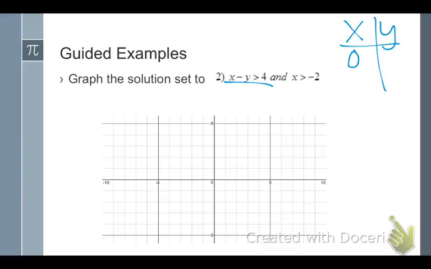I pretend it's an equal sign when I'm plotting points, because I want to plot the boundary. So if x is 0, and I want negative y to be equal to 4, then y has to be negative 4. And if y is 0, x will have to be 4. So I get 0, negative 4 as one of my points, and 4, 0 as another point.